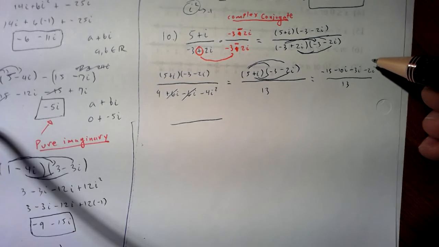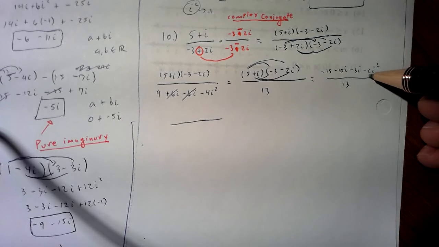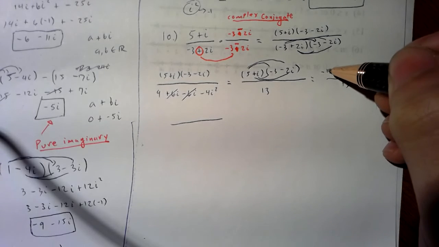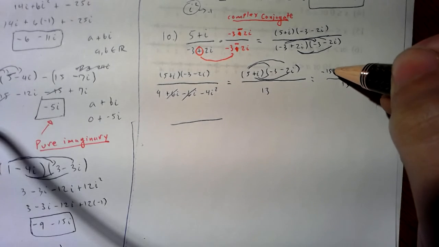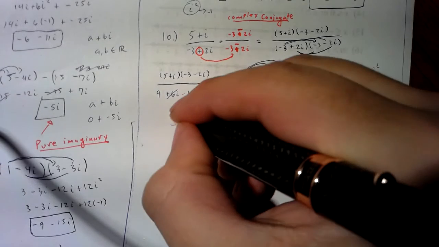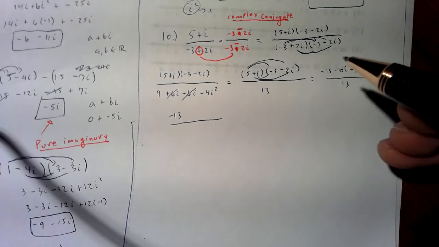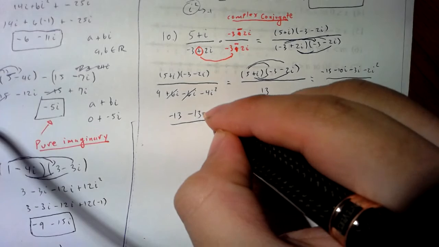We know that i squared is negative 1, times negative 2 is 2, and we're adding it to this number here, negative 15. So 2 plus negative 15 is just negative 13. And then negative 10i minus 3i is going to give us negative 13i.